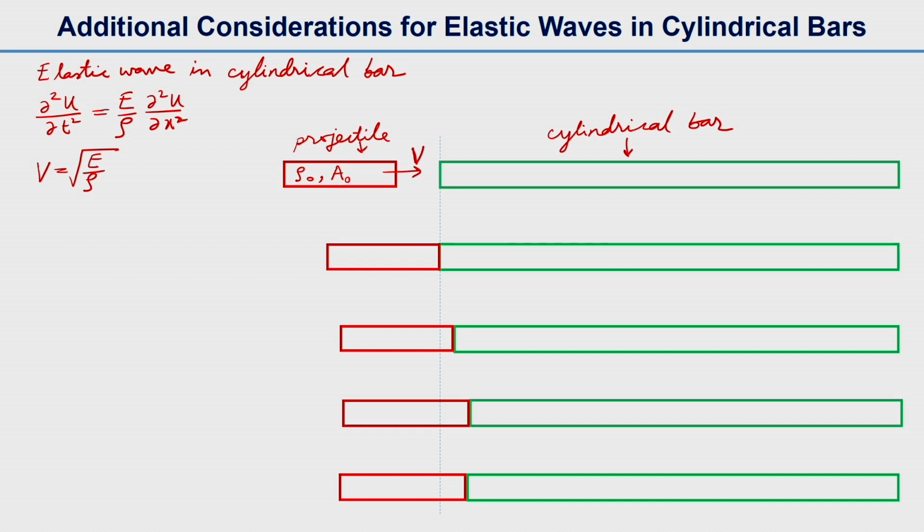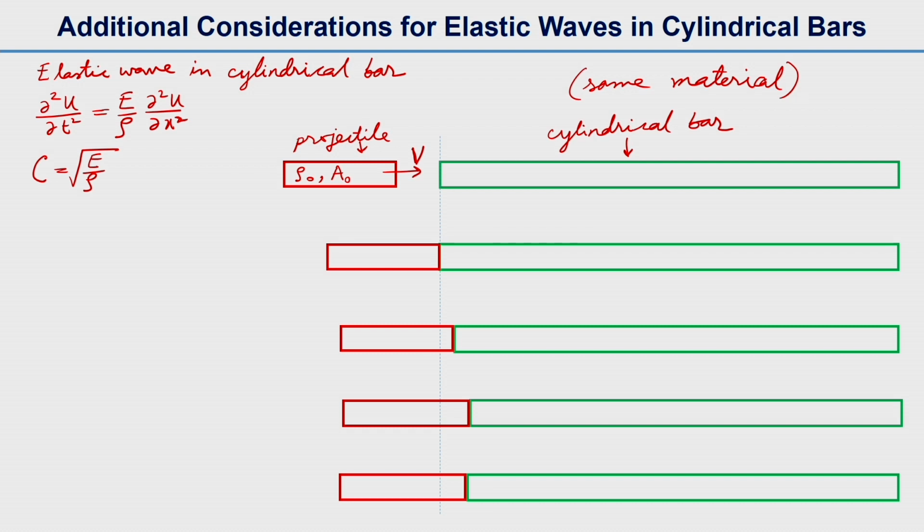To remove any confusion, you can keep the wave velocity as c. Here the projectile velocity is v, rho naught is the mass density and A naught is the cross-sectional area, and we assume that the cylindrical bar and the projectile are the same material, so the density is the same, and we can take the cross section as also the same.